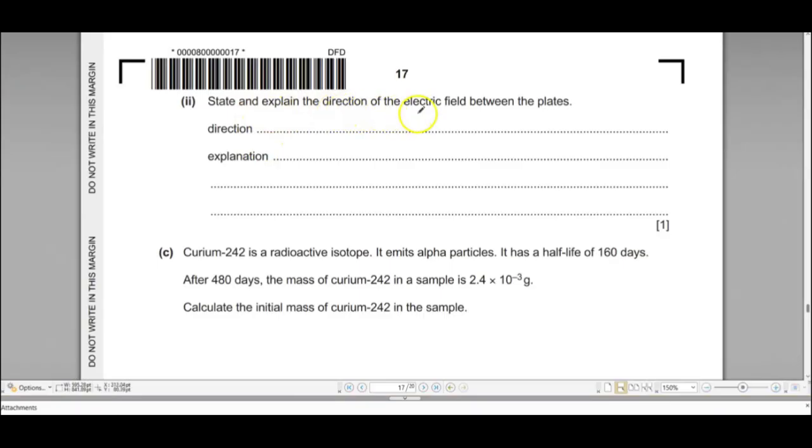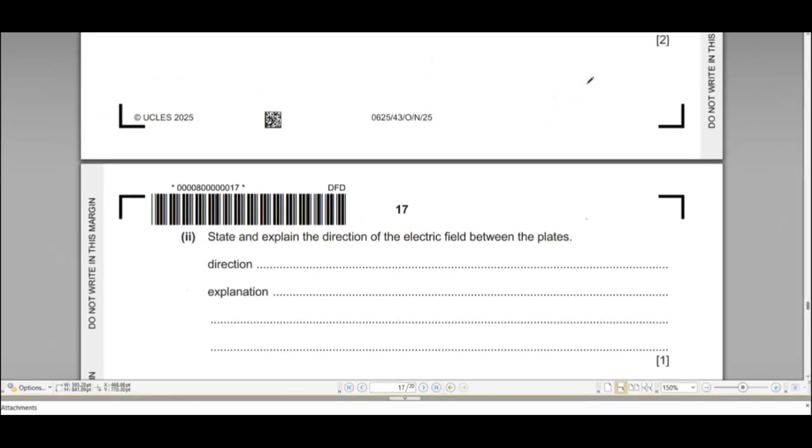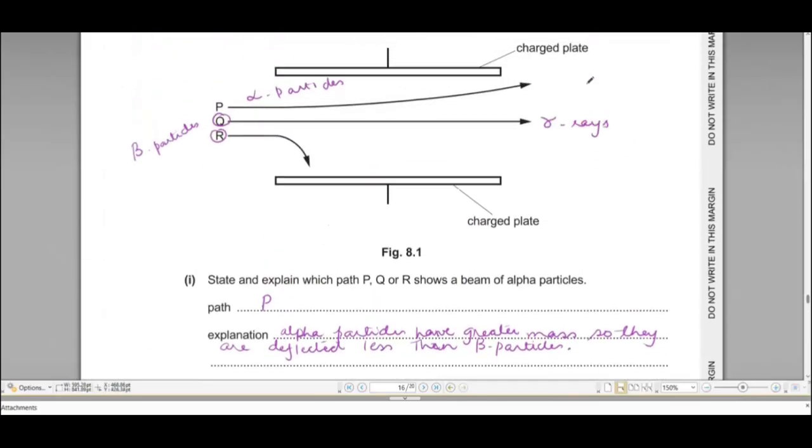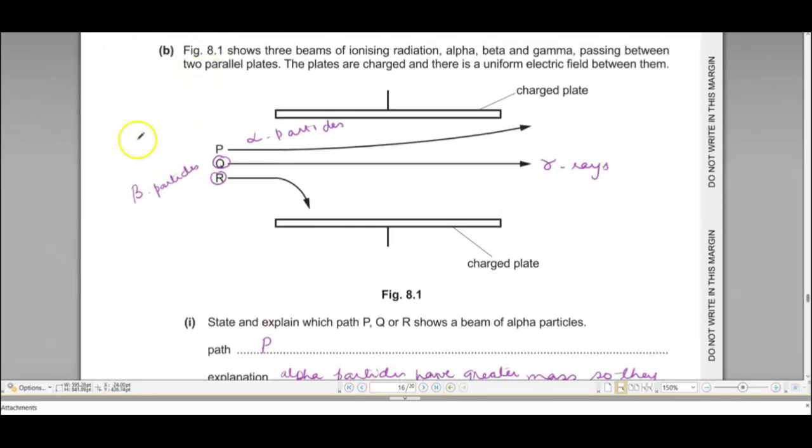State and explain the direction of the electric field between the plates. Okay. Now, because of what we've just established, that alpha particles are being deflected in this direction, and alpha particles are positively charged particles, this must be the negatively charged plate. Beta particles are negatively charged particles and they are deflected towards this plate, so this would be positively charged.